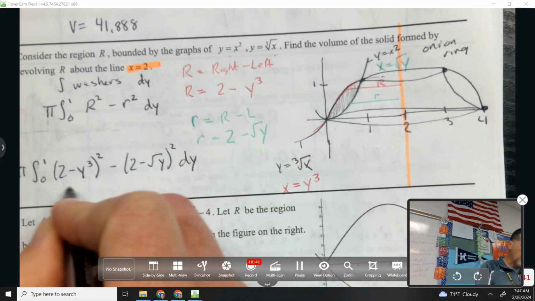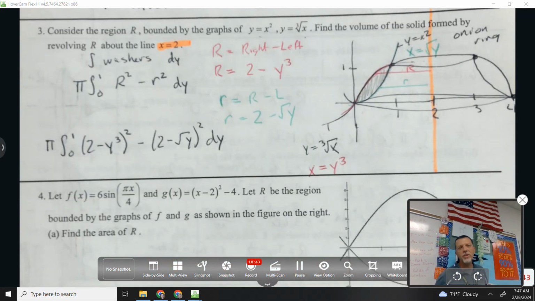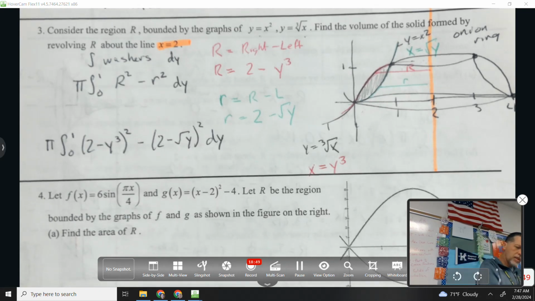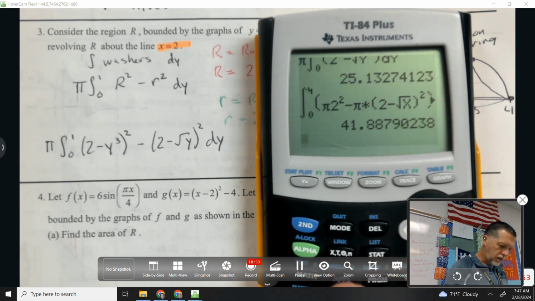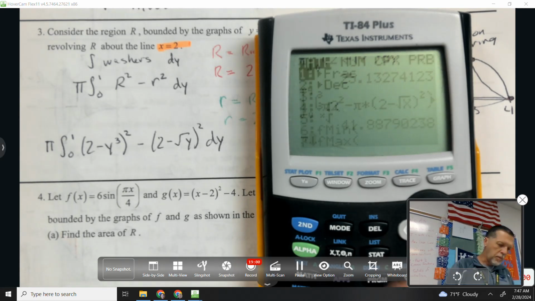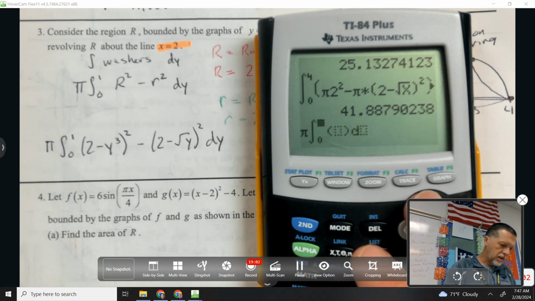Weird in the sense that big R and little r both have a variable in them. A lot of times one of those is constant and just makes the calculator work a little easier. Okay, yeah, and I like the pi out front on this one because this one's already messy enough. Let's get the pi out front and not worry about it.